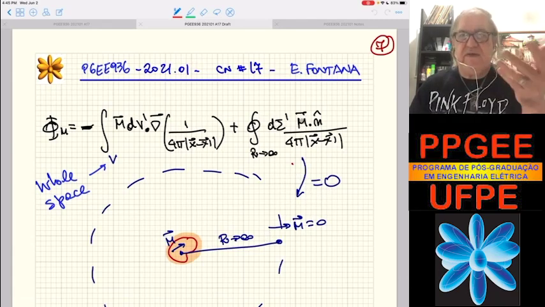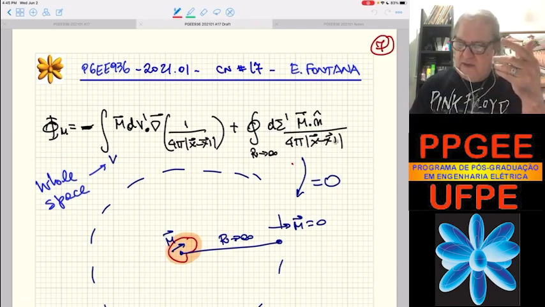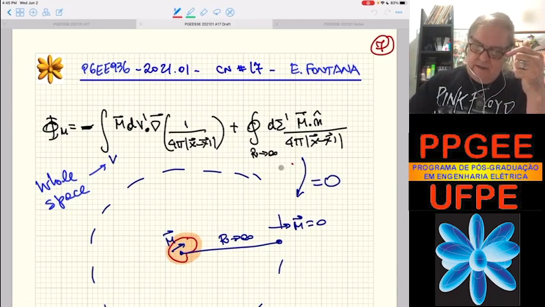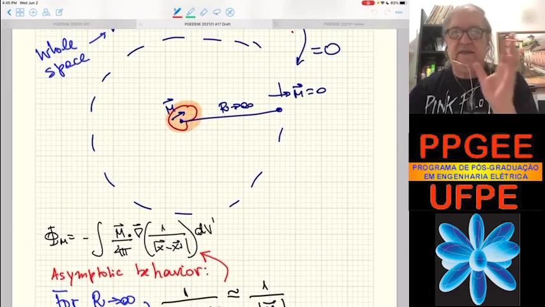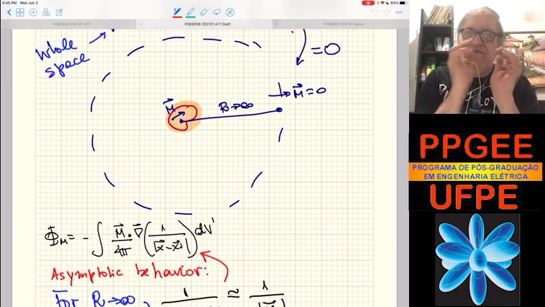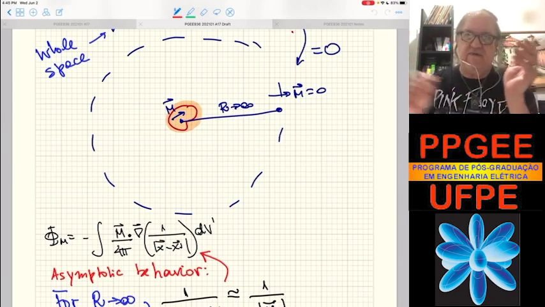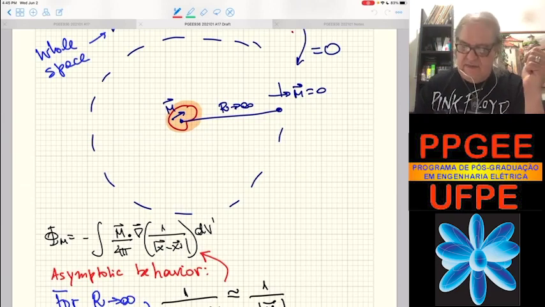M goes with the inverse of r squared, but there's another r here, so there's r cubed. So this thing goes to 0. So just showing you that if I break into a finite volume, I have to include the surface integral. If I go to the entire volume, the surface integral is at infinity, and it's going to be 0.